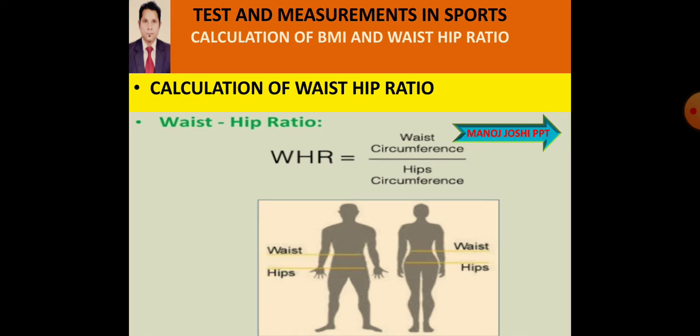The formula for the WHR: WHR equals waist circumference divided by hip circumference. This is the formula, and this is how we measure the waist and hip circumference in males and females. In the picture we can see carefully.